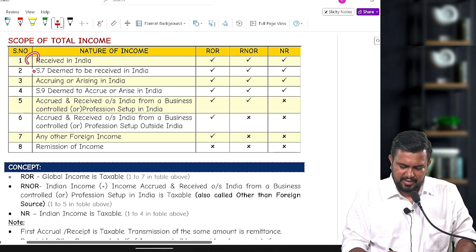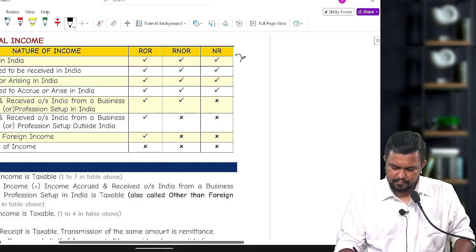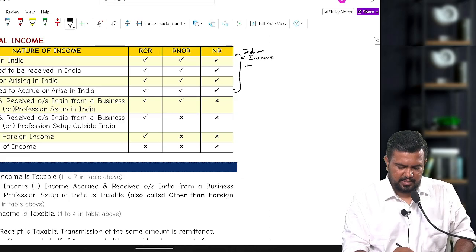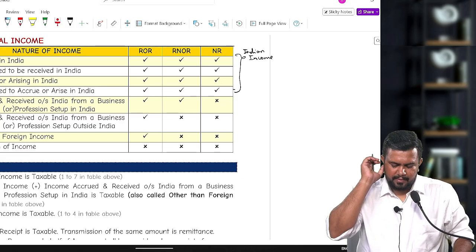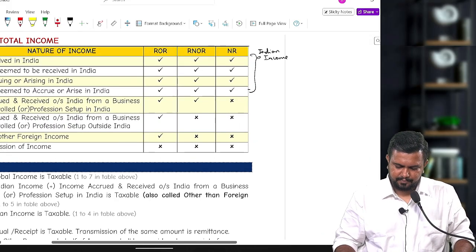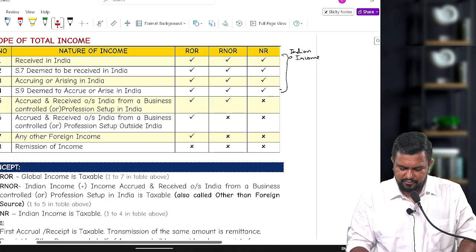These first four categories are called Indian income. Okay. Then see the fifth one.